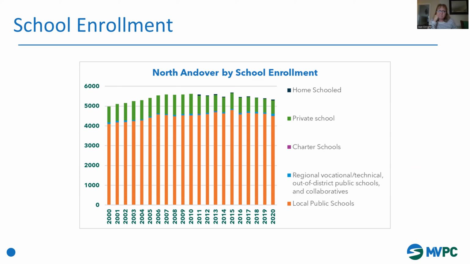So one of the things we think about is what types of units are being built, what kind of units do we want if we want to see either a plateauing school enrollment, or if we want to see more school children in our community, how can we make sure that we have the housing needs for families with children and the housing needs for school-age children to be around town.